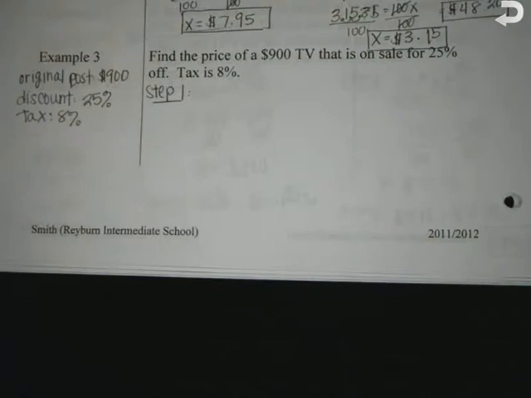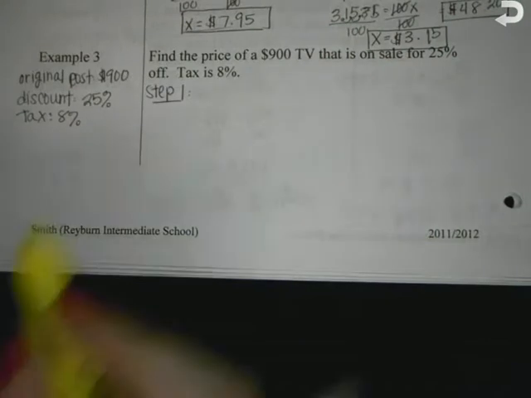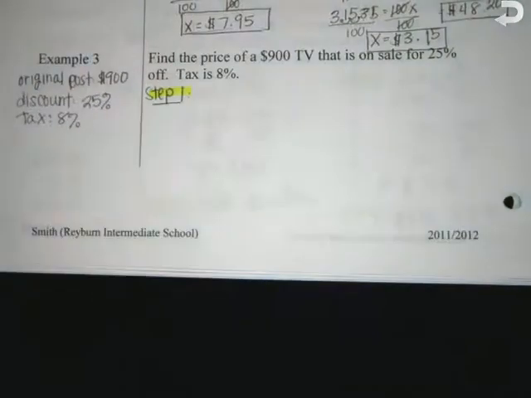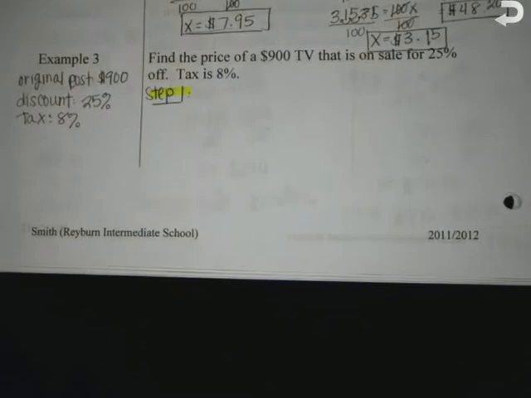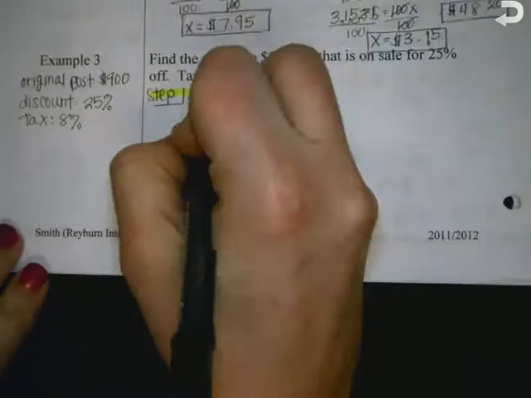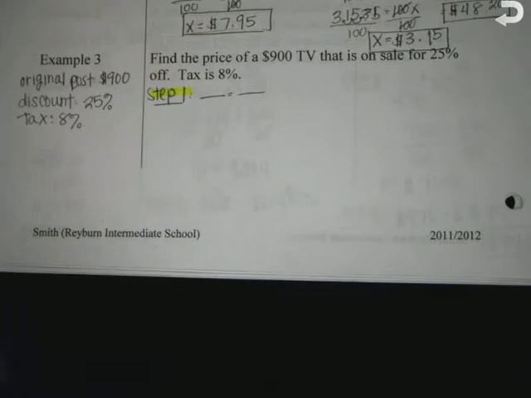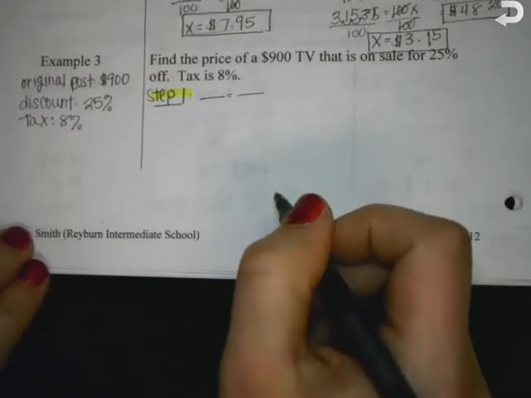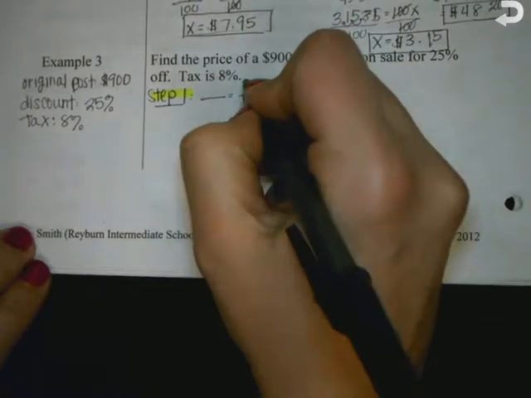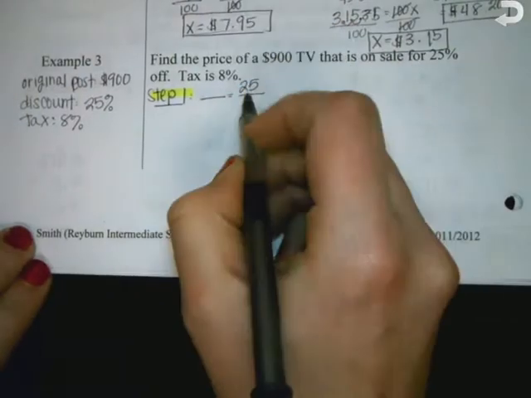Good. Okay, and then what goes in each spot in the proportion? On the right side, on the top, 25. Okay, over? 100. Good. Okay, so we have x over 900 equals 25 over 100.